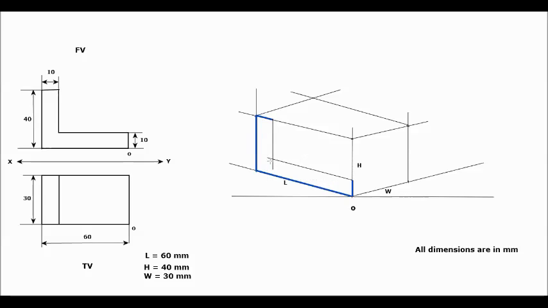The intersection of both lines will give you a corner point, and till that corner point you have to draw your object lines. So this completes your front view.